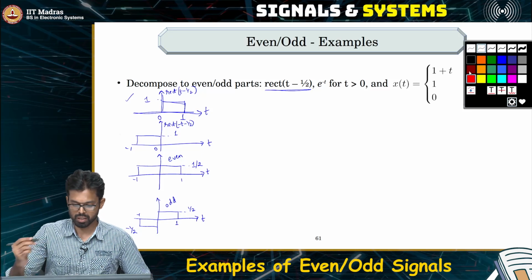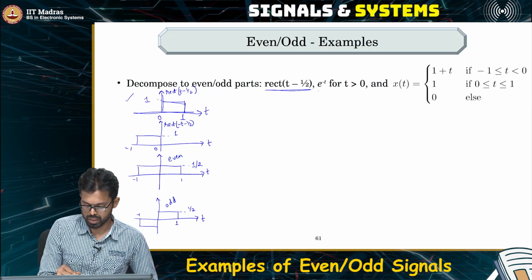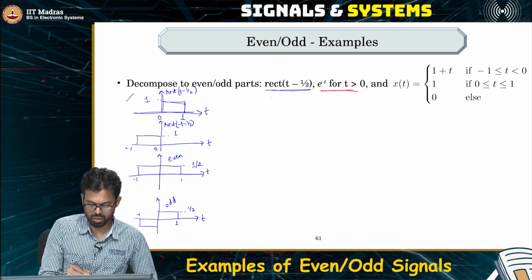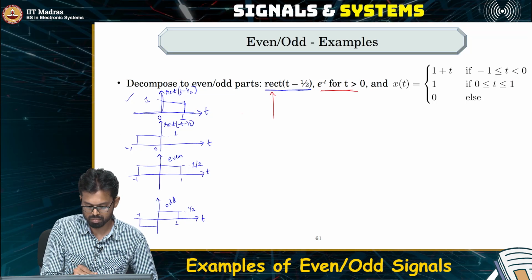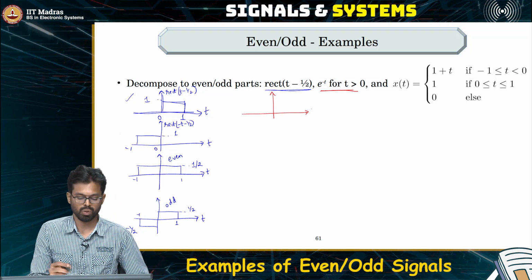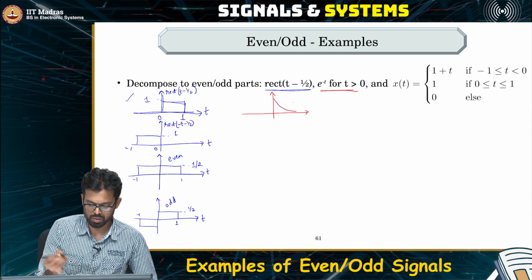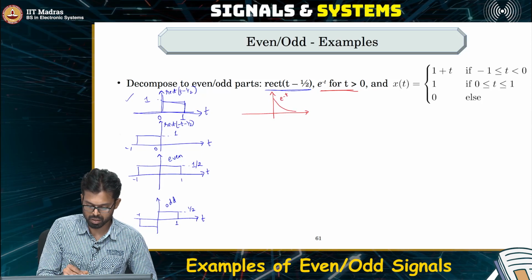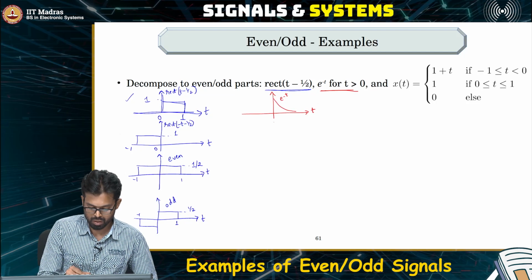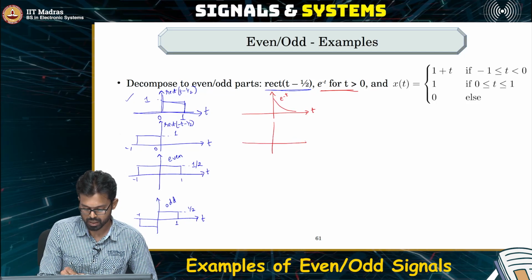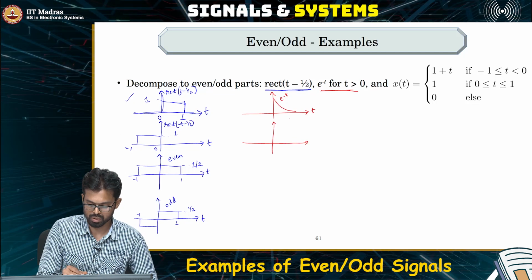Okay, let's see another example. Let's see this one, which we already saw earlier was neither even nor odd. So e power minus t. Now what is the time reversed version of this?